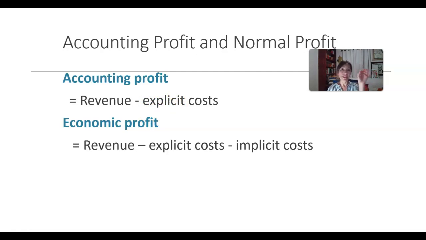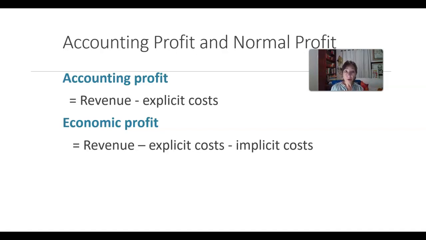This is money that you can actually track going out the door. I'm paying for wages. I'm paying for rent. If you're making lemonade, I'm paying for the lemons. I'm paying for the ice. It's exactly the dollar amount that's going out. So we take our revenue minus our explicit cost, and that gives us accounting profit. And this is what you were probably working on in your accounting classes.